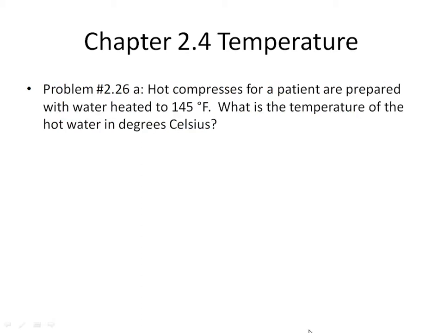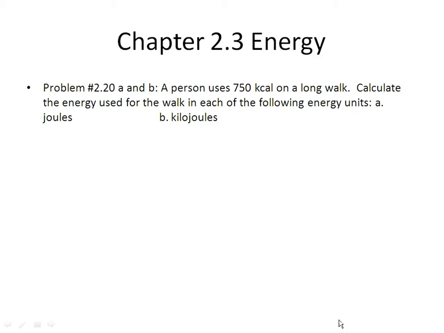So what we're going to do is convert. We're given that we have 750 kcals, so a person uses 750 kcals on a long walk. So that's what we're going to start with.